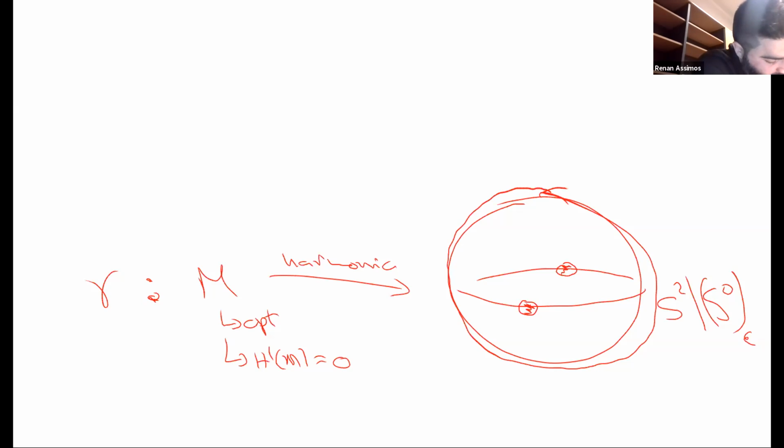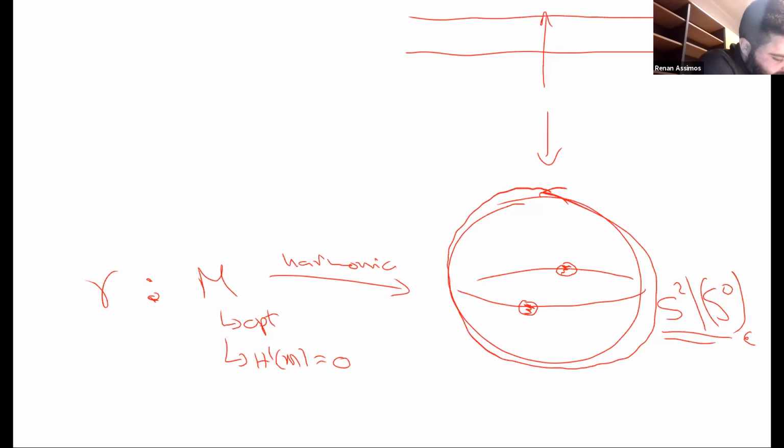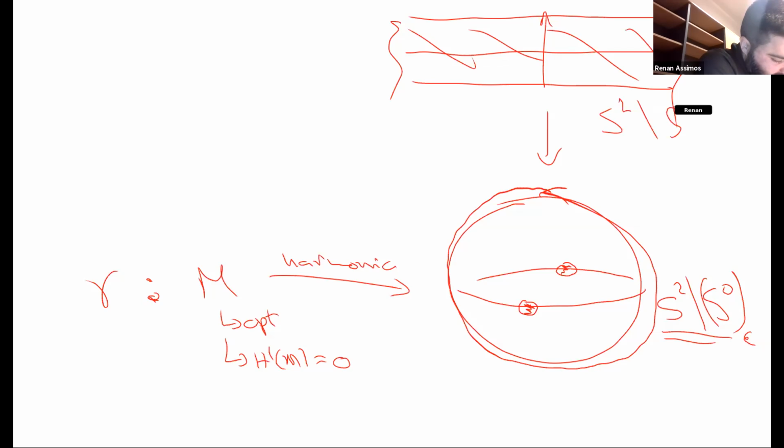And then it convenes that we can look at the universal cover of such a set. If we look at the universal cover of this set here, it looks like a stripe. In this case, what we are drawing is an infinite stripe in R^2. So this set that I'm drawing is the universal cover of S^2 minus S0, okay?